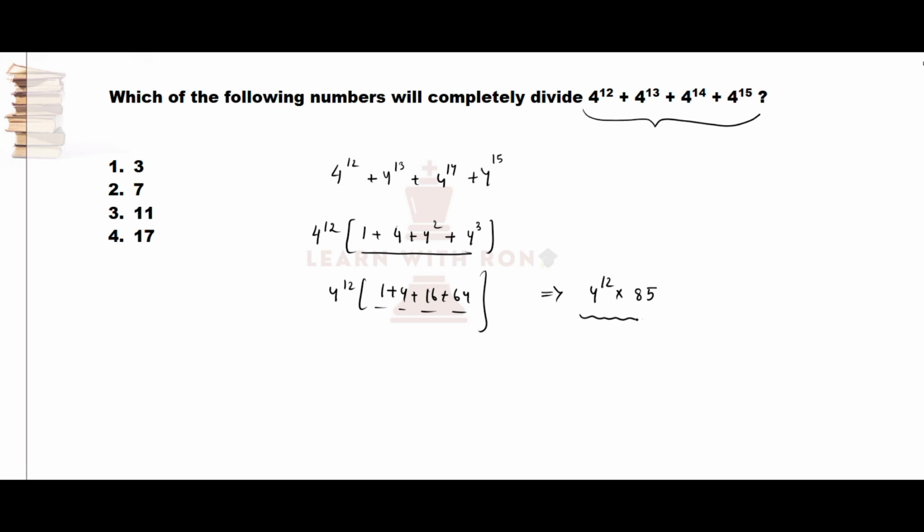So this number can be completely divided with 85 or multiples of 85. So we can write 85 as, see here, 17 times 5, right? So this complete expression can be divided with 5 and 17 also. In the options they have given only 17, which is our answer here. Let's see our next question.